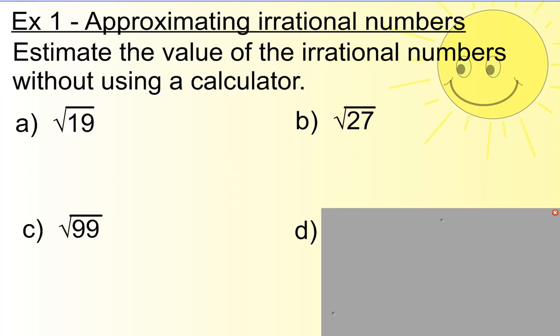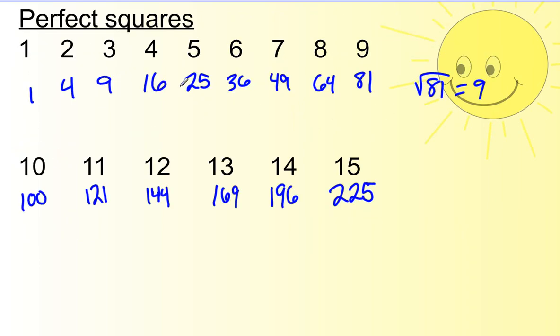So I'm going to say square root of 16, square root of 19, square root of 25. These were the two perfect squares that are around 19. So 19 would be in here, between 16 and 25.